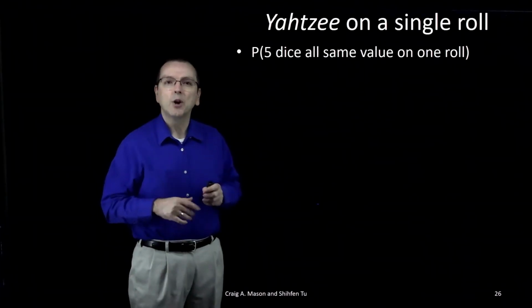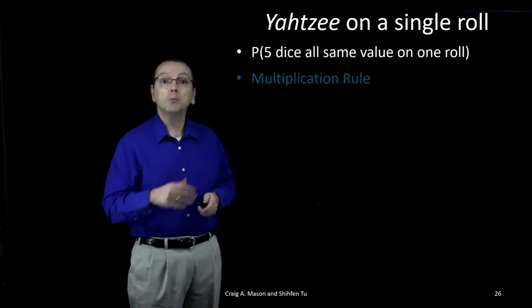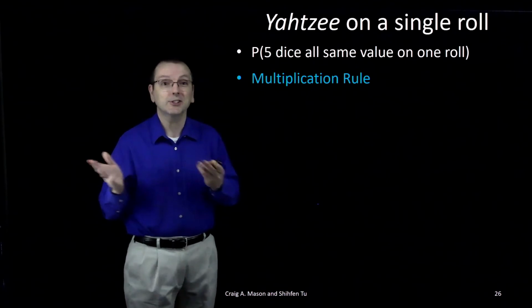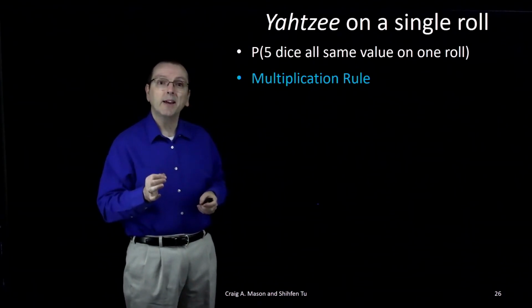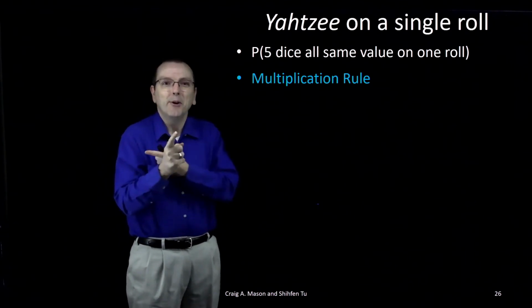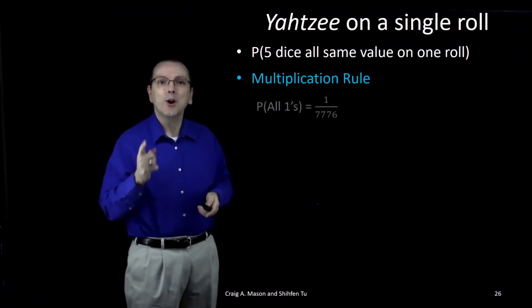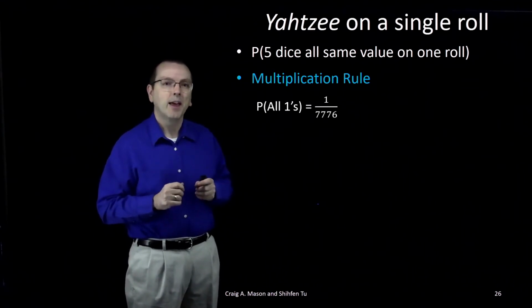To answer this, we'll break the problem into 2 pieces. First, we'll use the multiplication rule, just like we just did. In this case, what's the probability that all 5 dice would be a 1? Well, right, we just saw that. That was 1/7,776, right?